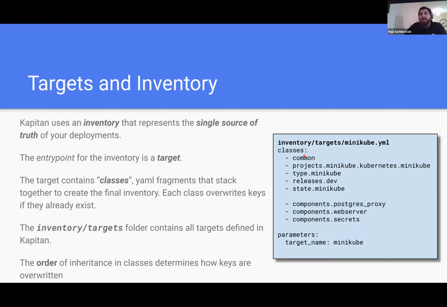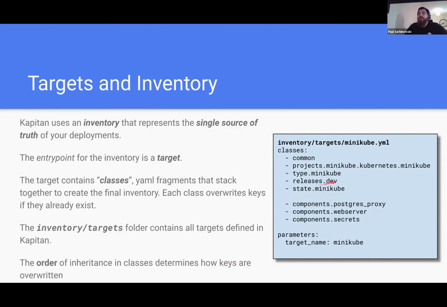It inherits some classes, some common attributes, some specific attributes for Minikube, some releases which are related to your dev app, and then some other components, for example, that you want to deploy in this specific Minikube cluster. You might want to deploy a web server and a Postgres proxy as well. So all of these classes are basically other YAML files in the same repository, which have their own properties that define each of these elements.